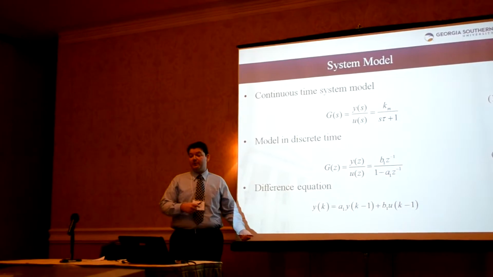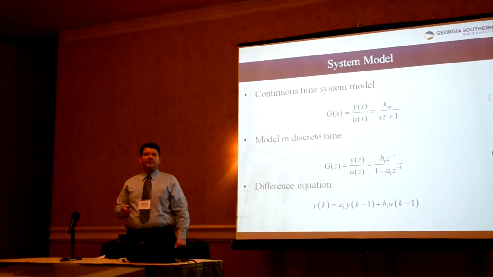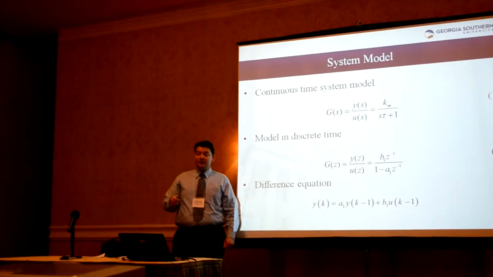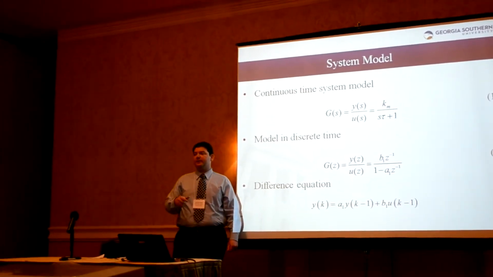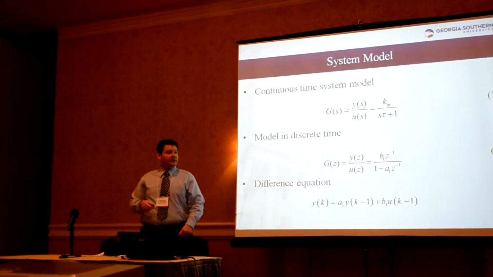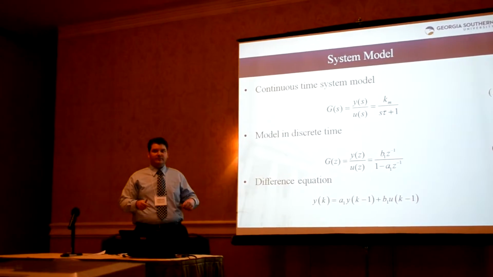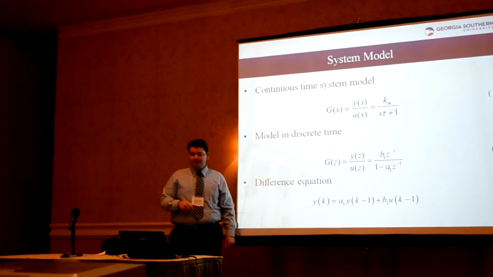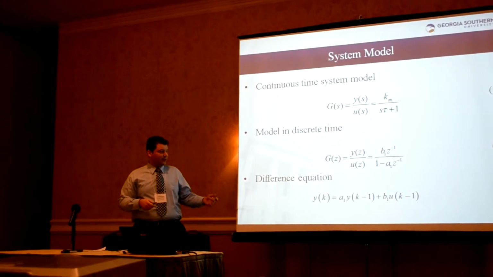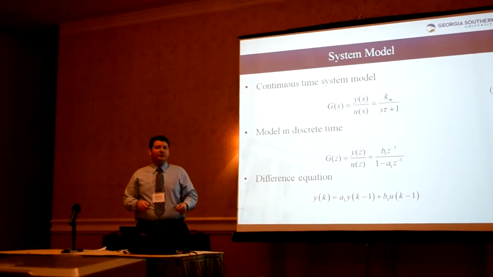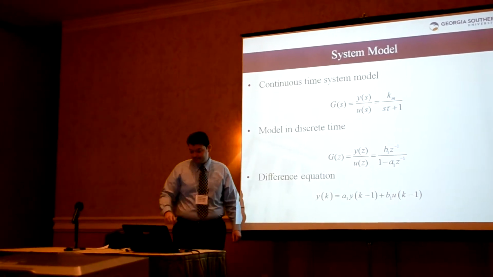To talk about the DC motor directly, in equation 2, we have the discrete time representation of that model, which contains parameters B1 and A1, which we'll be using the least squares algorithm to determine to describe the DC motor's dynamics for this particular plant. Equation 3 is the difference equation form of this system model, which is actually the form we will use with the least squares algorithm to determine parameters A1 and B1.